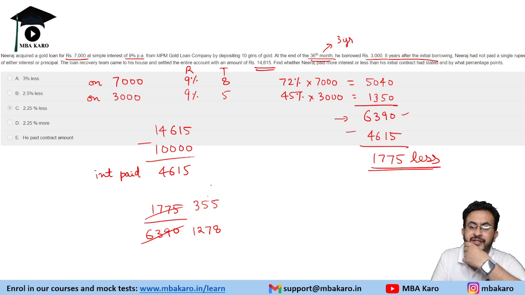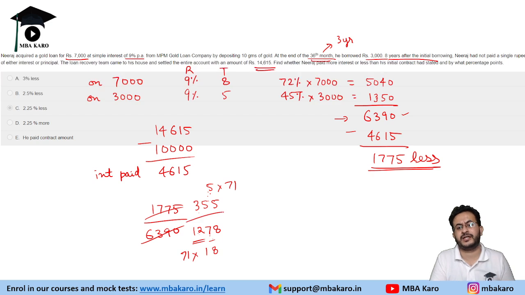Let us divide by 71 and see if this number is divisible by 71. It becomes 71 into 18.